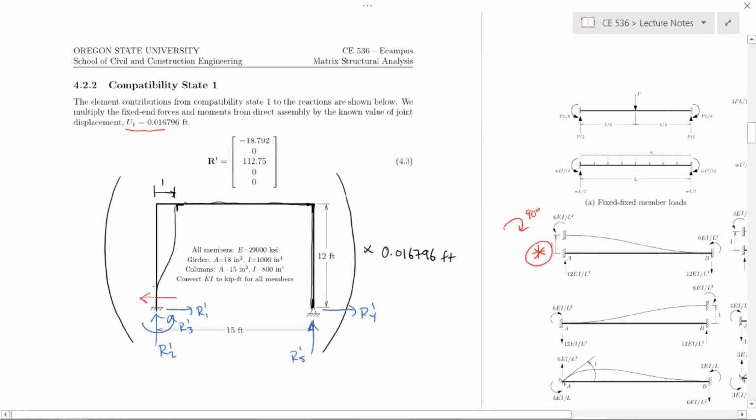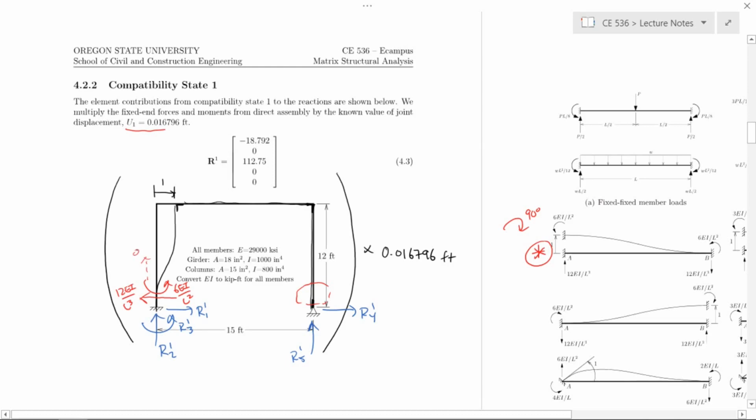This will be 12 EI over L cubed for the column, and this will be 6 EI over L squared for the column. There's nothing happening over here, so those are zeros. And there's no vertical contribution at the left end either, so this will also be 0.